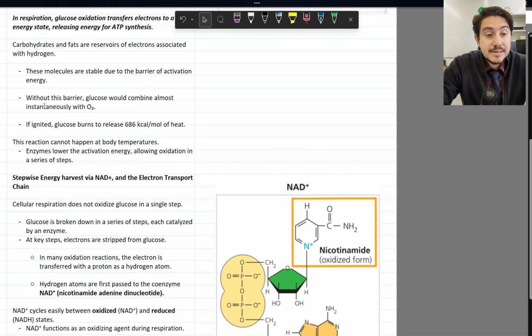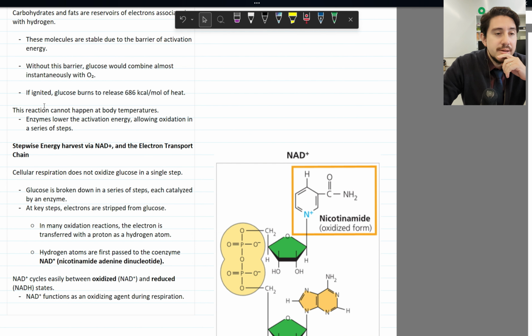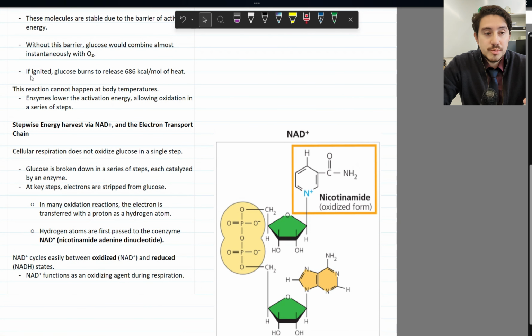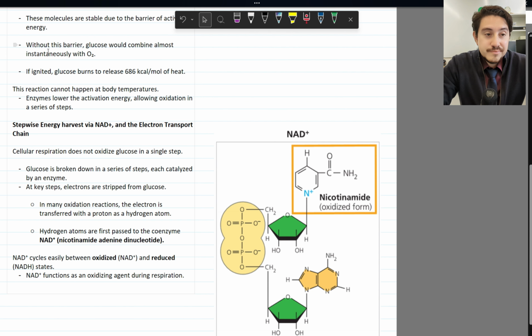Yeah, they're very stable because of the barrier of activation energy. Right? Remember, activation energy. You need a certain amount of energy for the reaction to proceed. If you didn't have this energy of activation, glucose and other organic molecules would essentially combust immediately with oxygen, and we don't want that, right?